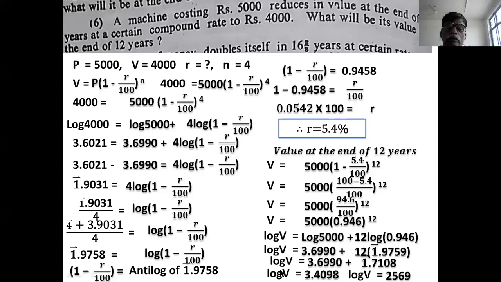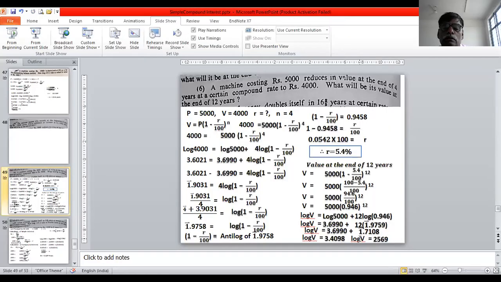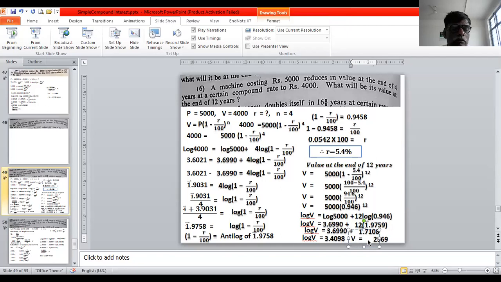Last stage, log V is equal to 3.4098, and the value at the end of 12 years is 2,569.